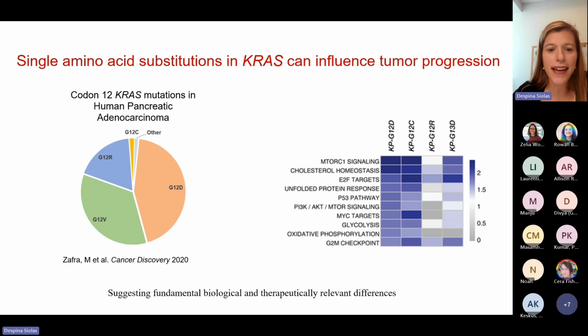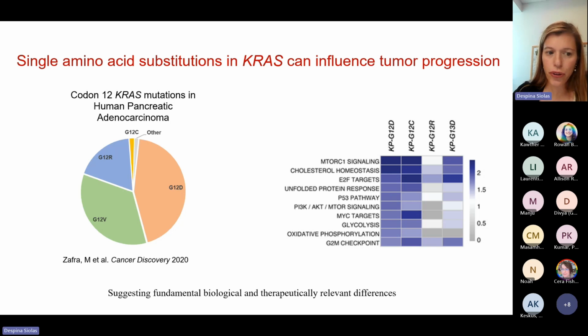And one of the things that has come to attention is the fact that even though pancreatic cancer is dominated by KRAS mutations, it's not the same mutation. It's actually a couple different mutations. The most common is the famous G12D mutation, which accounts for 40% of patients.